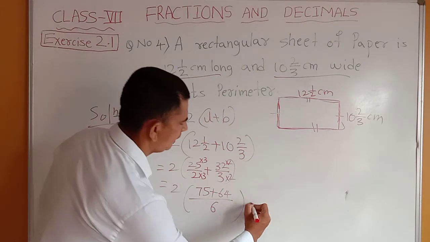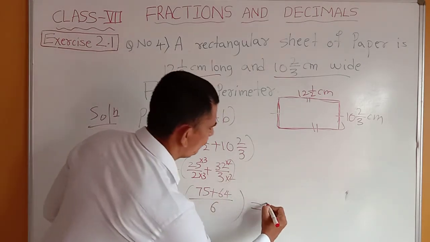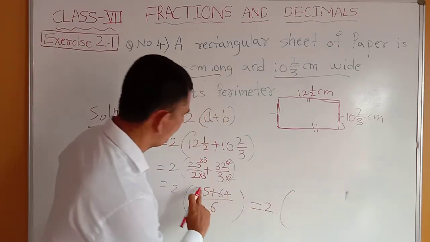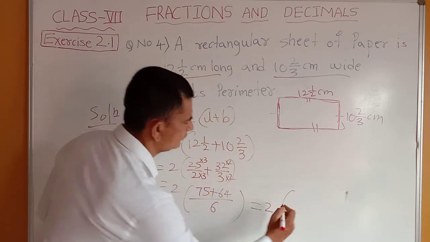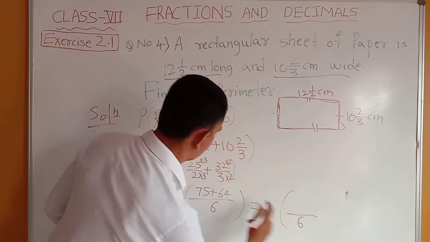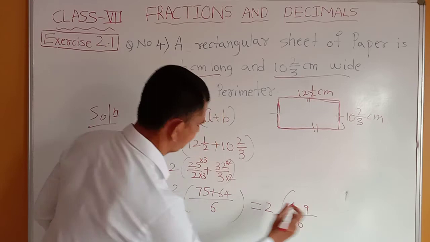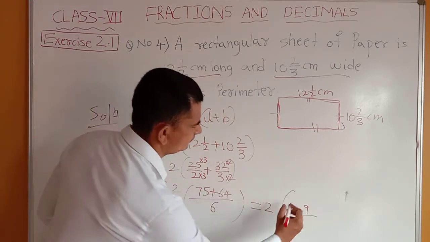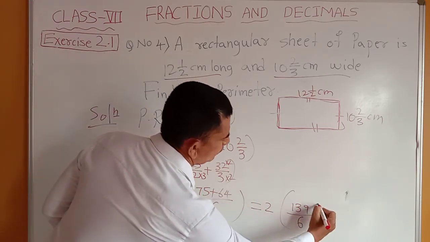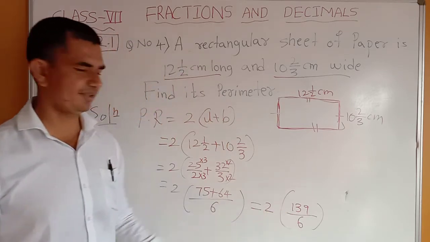I will write the next step here. 2 as it is in the bracket. We have to add all this. 4 plus 5 is 9, 6 plus 7 is 13. So 139 by 6.